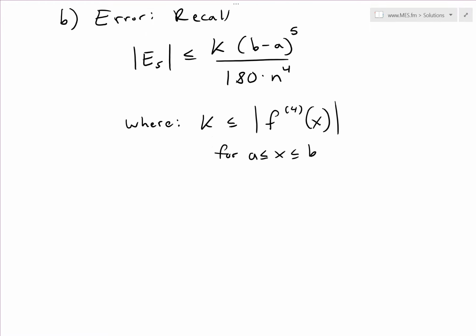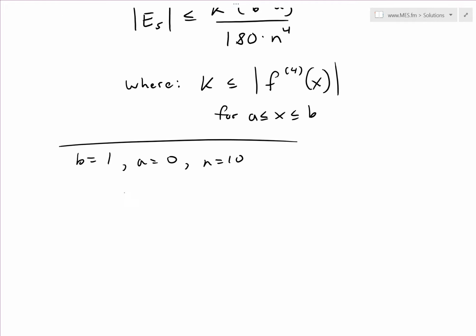So now in our case we have b equals 1, a equals 0, and n is equal to 10. Our function f of x equals e to the x squared.